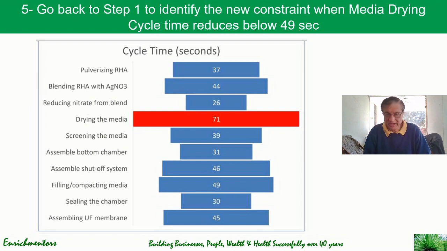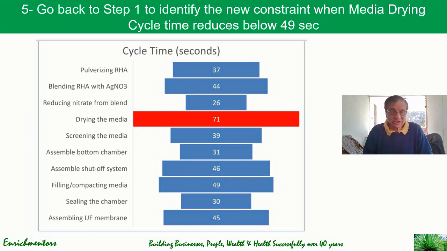So there were two constraints now, and you could go through the cycle of steps 1 to 4 again. But in this case, this 49 seconds of drying time and 49 seconds of filling and compacting media step were just good enough to produce the quantity that we needed. So there wasn't anything more needed to be done.